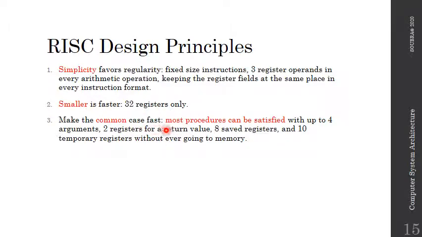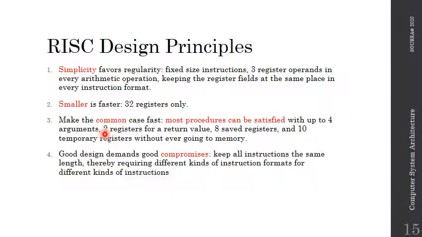And we're going to cover that when I'm going to talk about procedures, hence functions. But just, the common case fast could be also seen as the register 0 that contains the value 0. And engineering is all about good compromises.